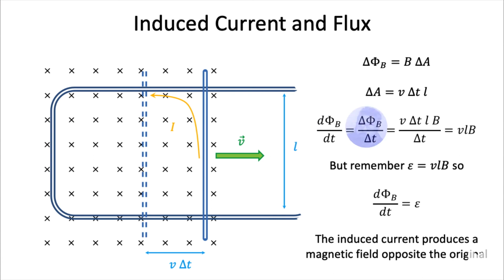The delta t goes away and we wind up with a nice simple equation: the speed at which the bar is moving, the length of the bar, and the magnetic field inside. But remember that the EMF is also equal to this quantity, and so we wind up with the equation that the change in magnetic flux is equal to the EMF. And that's in fact Faraday's law.